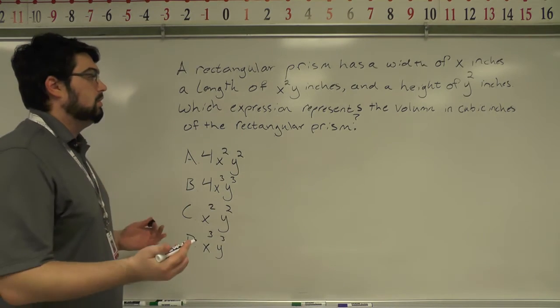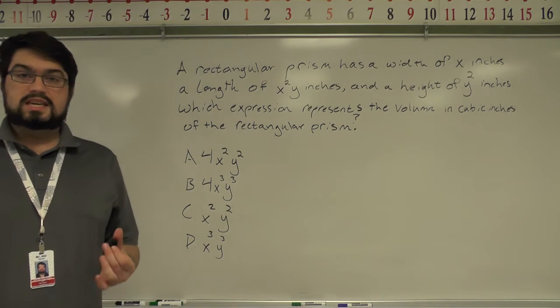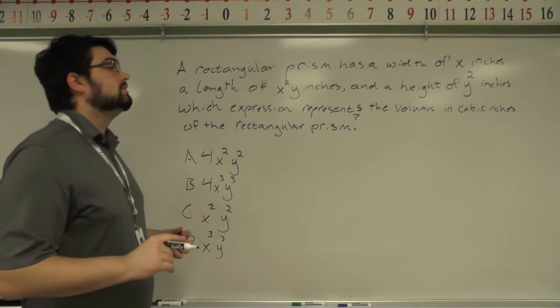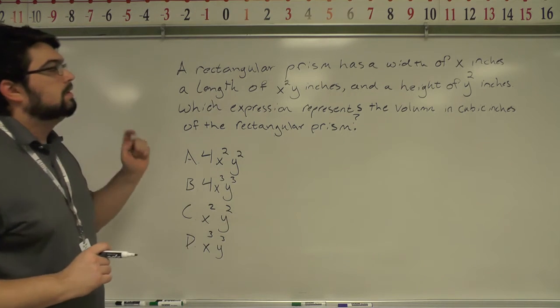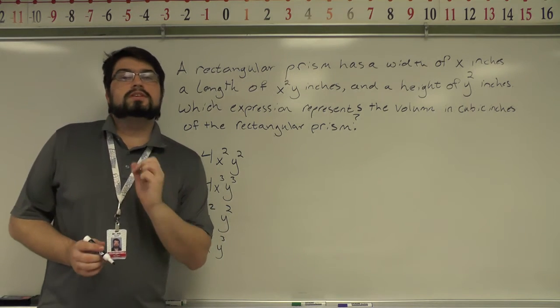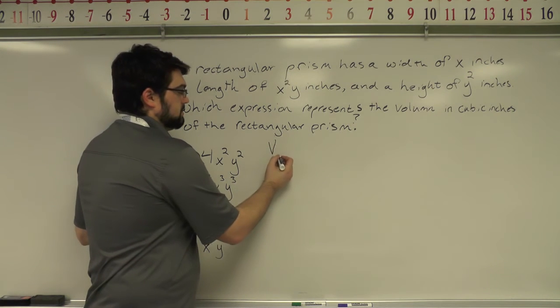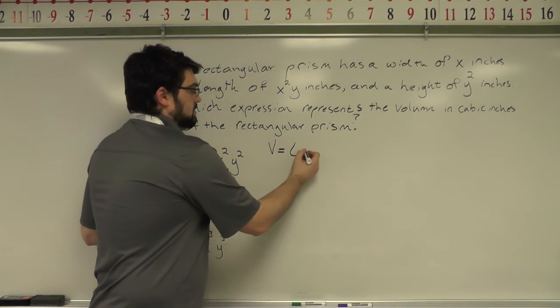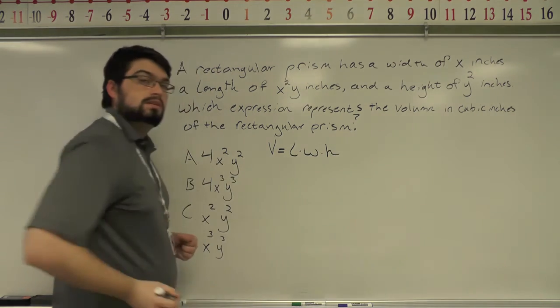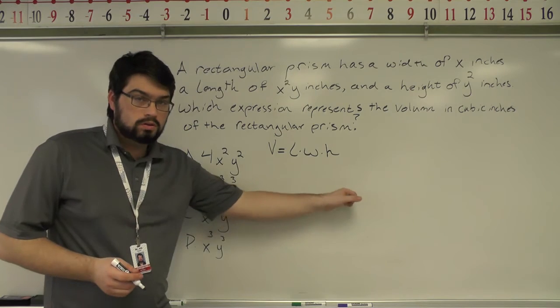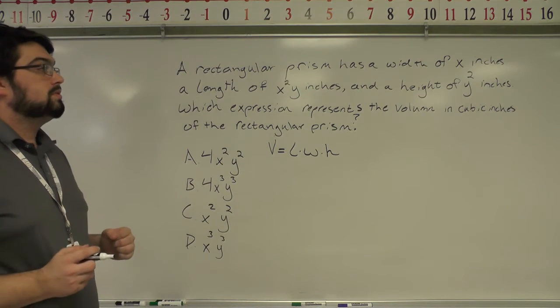So first we need to know some of the key components of this question. So the key thing is we're trying to find volume. Now volume of a rectangular prism is length times width times the height. We know all 3 of those components.